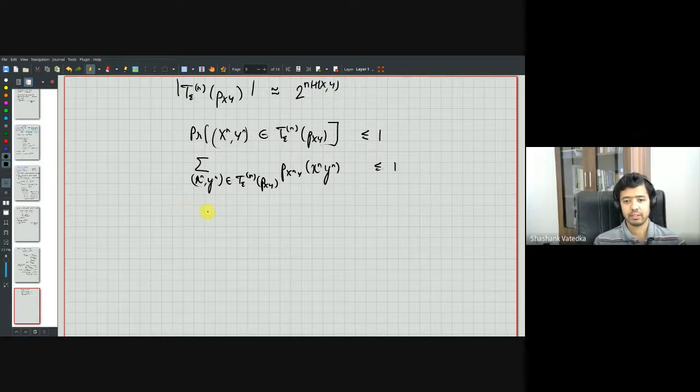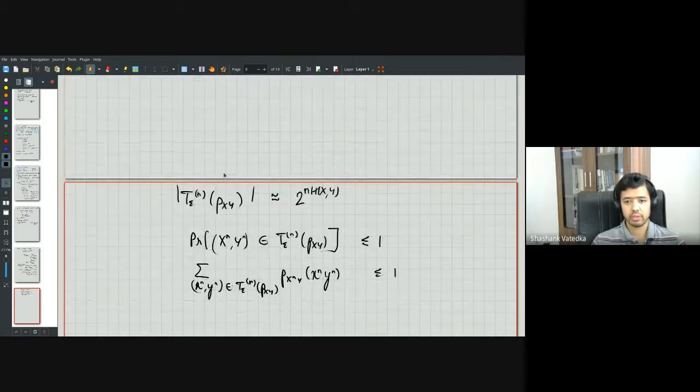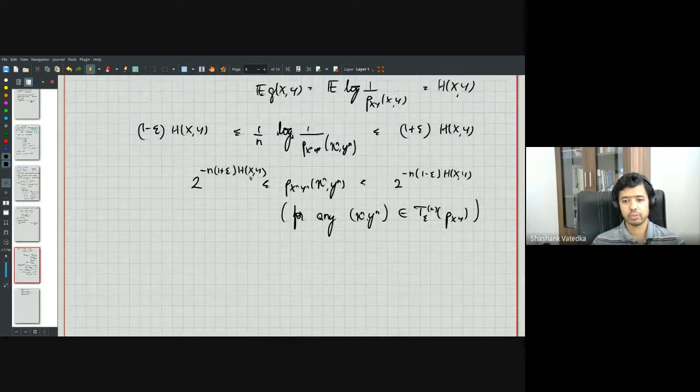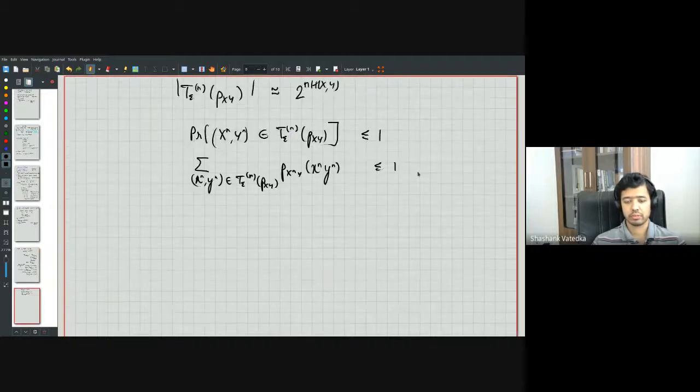Okay? But we already know that if a particular sequence x^n, y^n is typical, then we already have upper and lower bounds on the probability. So for any x^n, y^n in the typical set, we have this lower bound and this upper bound. Right?